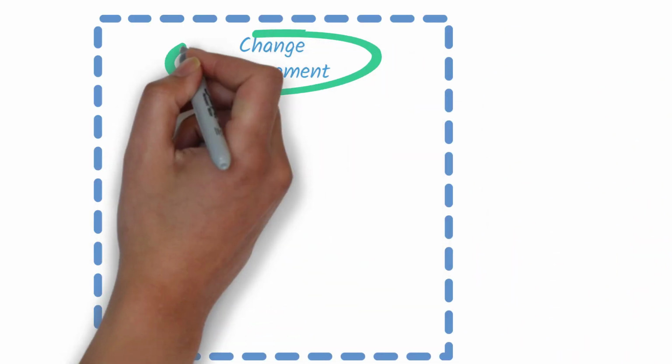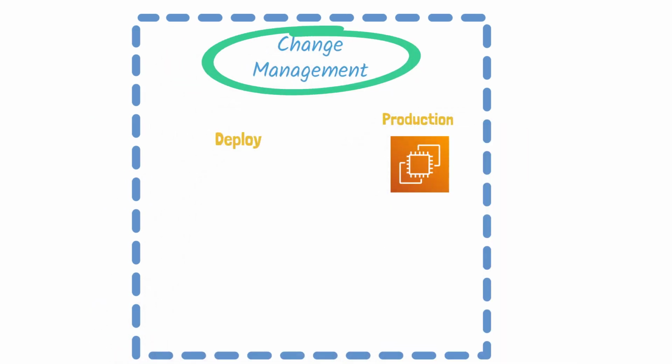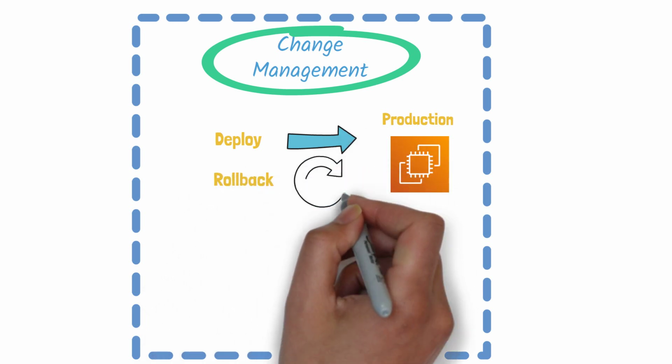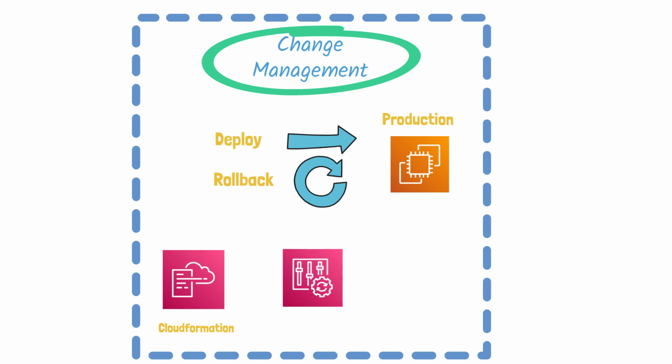Change management. Changes to the production environment need to be automated so that the system can be rolled back easily in order to restore functionality if the deployment is unsuccessful. CloudFormation, AWS Config, and CodeDeploy are some of the tools you can use for change management.